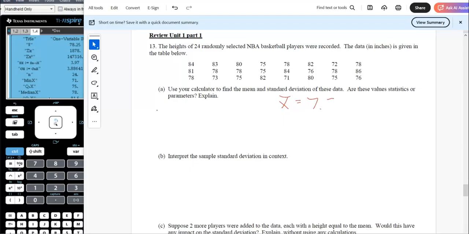And we selected a sample, so using Greek letters like that sigma there is for population. S in this case is for sample. So this is the sample standard deviation. The sigma x is the population standard deviation. So this is 3.88641. Hopefully I typed in the data right.